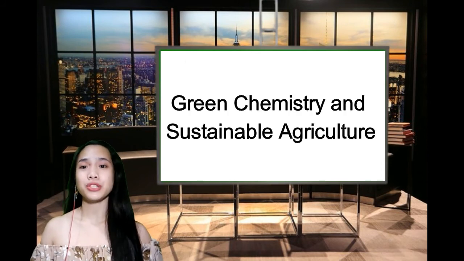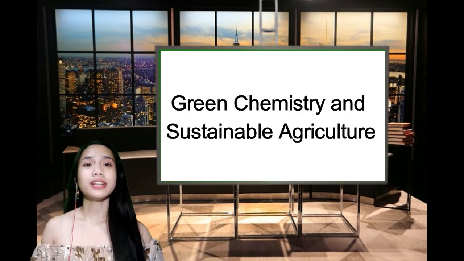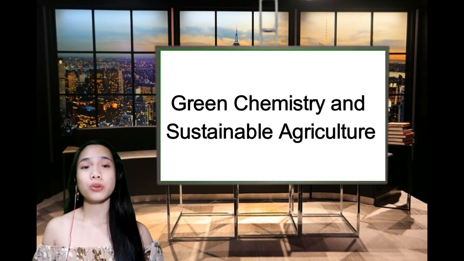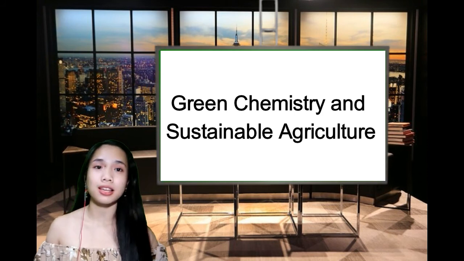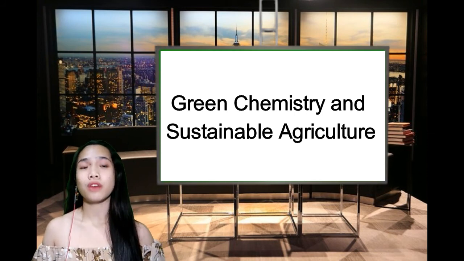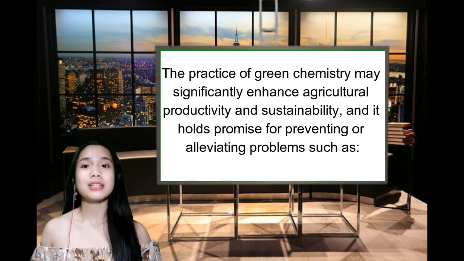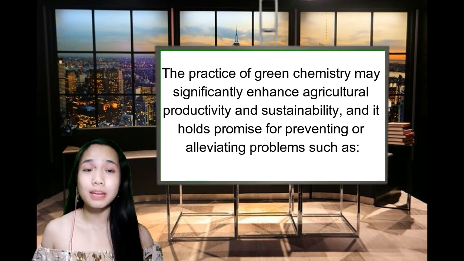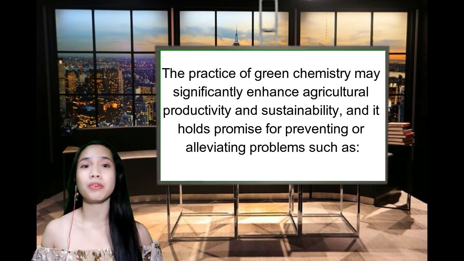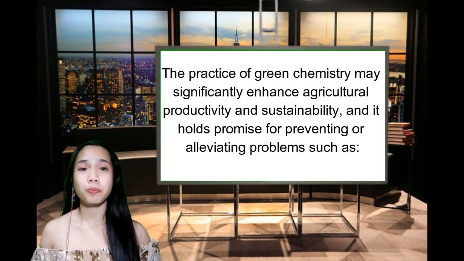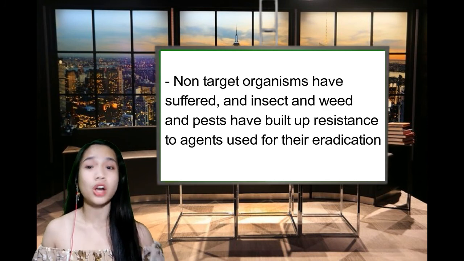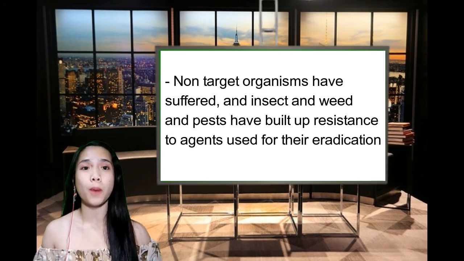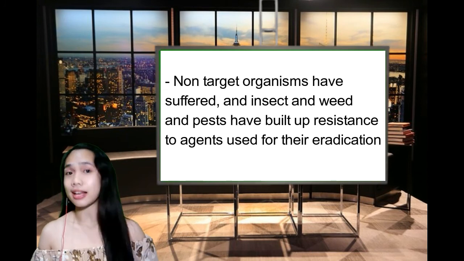Lastly, we have green chemistry and sustainable agriculture. Green chemistry is the field of chemistry and chemical engineering that focuses on eliminating or minimizing the use and generation of hazardous substances. This practice may significantly enhance agricultural productivity and sustainability, and it holds promise for preventing or alleviating problems such as the harm suffered by non-target organisms, the resistance of weeds and pests to the agents used to eradicate them.